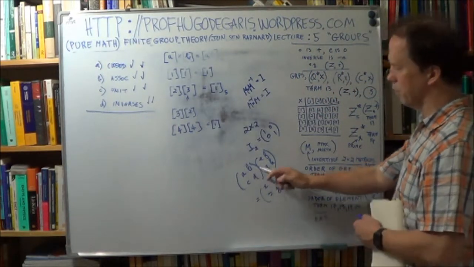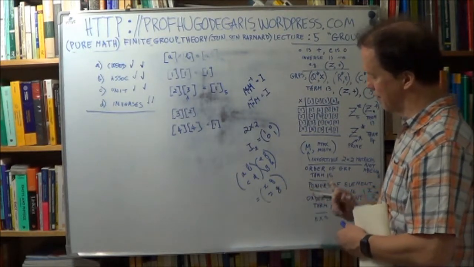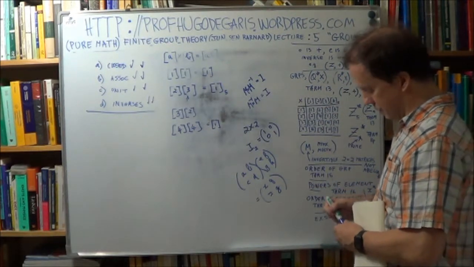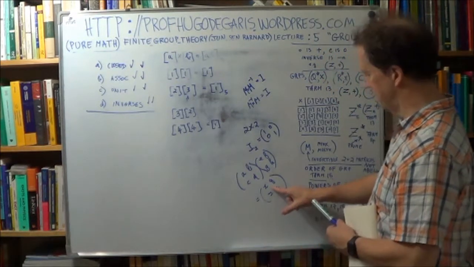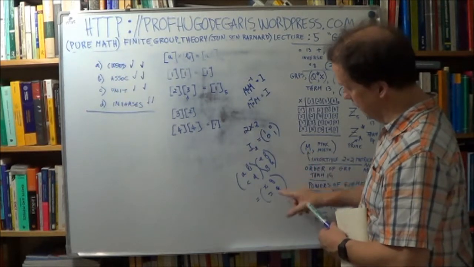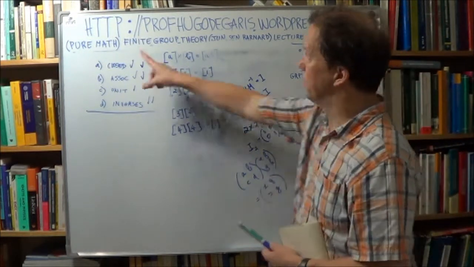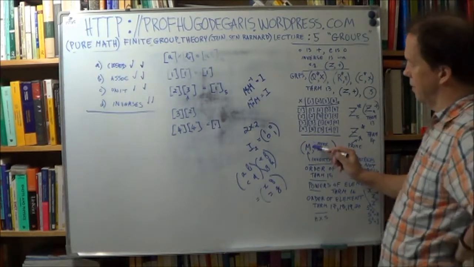The result of multiplying 2 by 2 matrices gives you a 2 by 2 matrix. Okay. So the result is of the same form. It belongs to this set M of 2 by 2 invertible matrices. So it's closed.